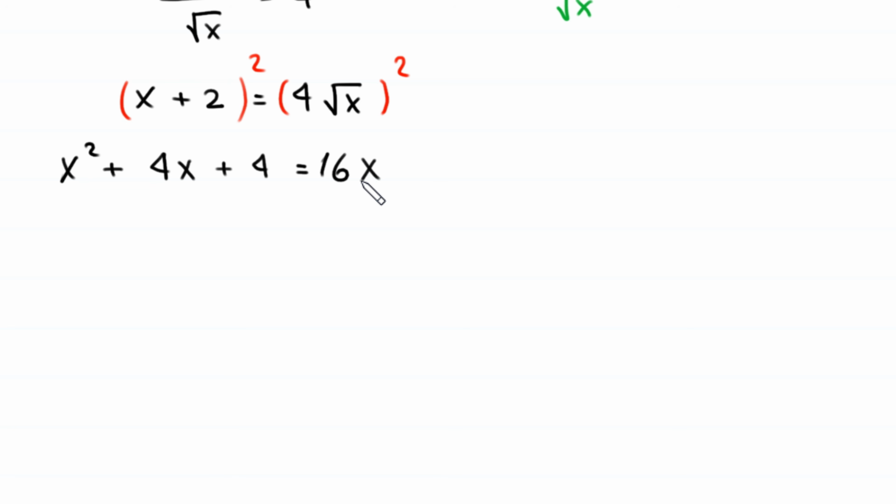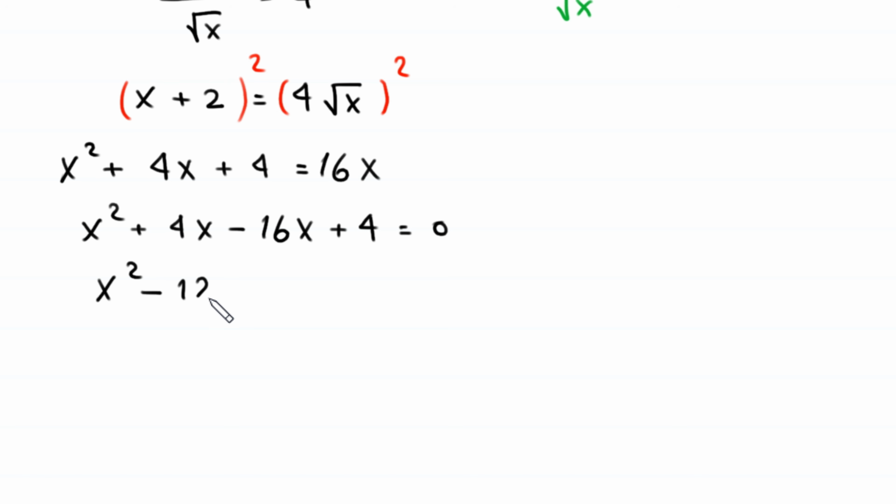Move this 16x to the left hand side, this will become x squared plus 4x minus 16x plus 4 equal to 0. Further simplifying, this will become x squared minus 12x plus 4 equal to 0.